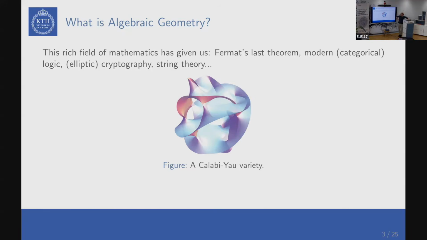And also it has given us number theory. For example, Fermat's theorem is maybe the most famous result of contemporary algebraic geometry. And funny enough, in this talk, Fermat's theorem will come back. So stay tuned. There is a very fun connection between Fermat's theorem and deep learning. But so, algebraic geometry has given a lot to pure mathematics and related fields.